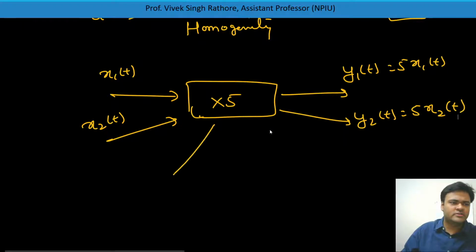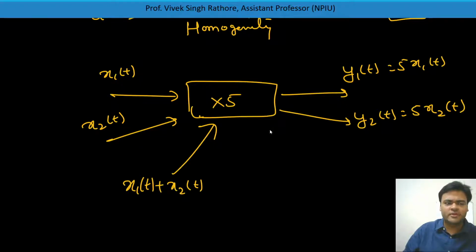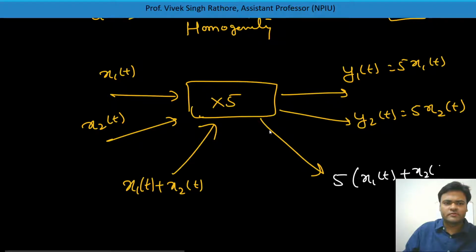Now in this same system, if we add both signals and send x1(t) plus x2(t), it will multiply 5 and create 5 times x1(t) plus x2(t). So 5 x1(t) is y1(t) plus 5 x2(t) is y2(t).